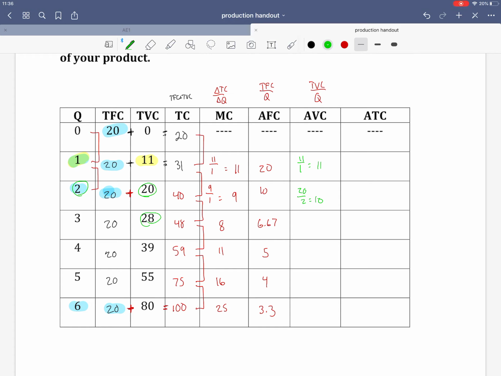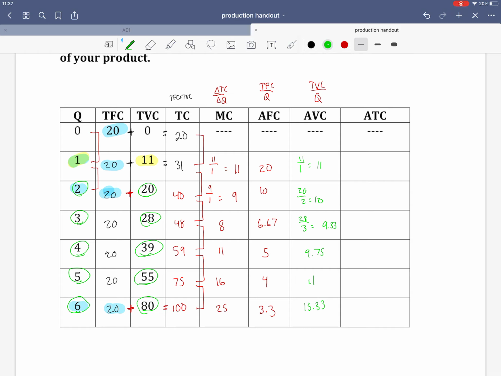When we take our 28 divided by 3, that is going to give us 9.33. 39 divided by 4 is going to give us 9.75. 55 divided by 5 is going to give us 11. And then lastly, 80 divided by 6 is going to give us 13.33.